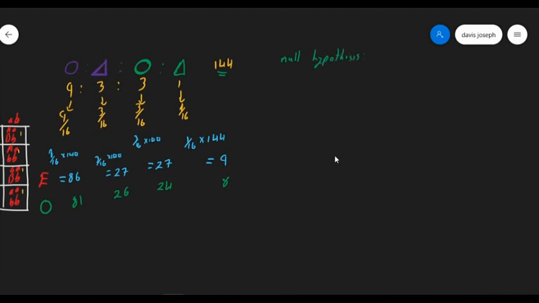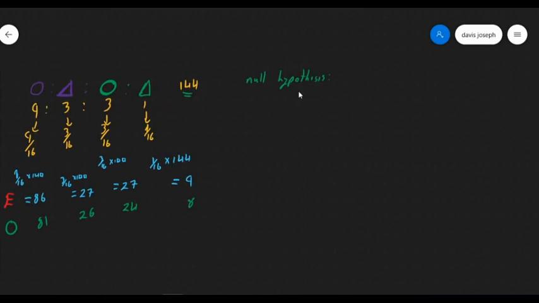We can hypothesize that the difference between our observed and our expected values is not significant. So this difference can be due to random chance. That would be our null hypothesis.